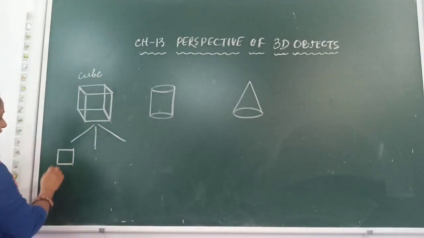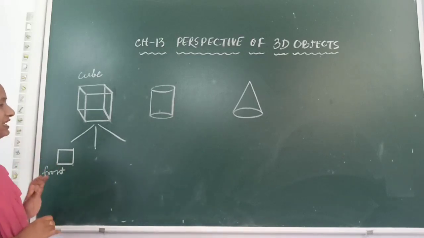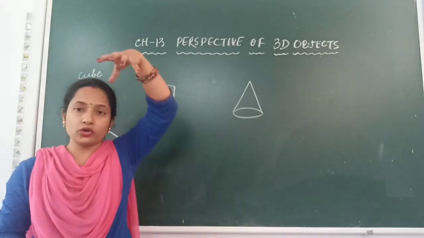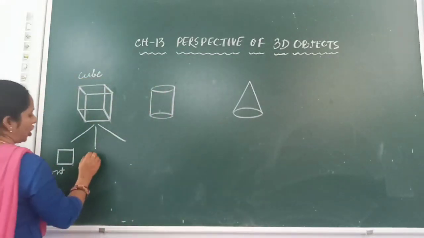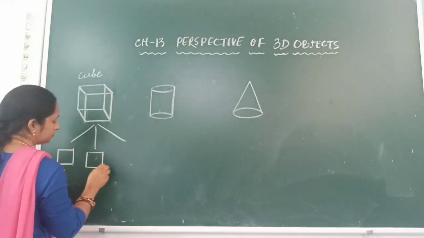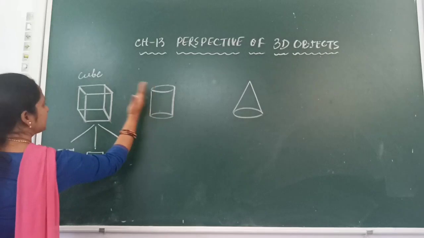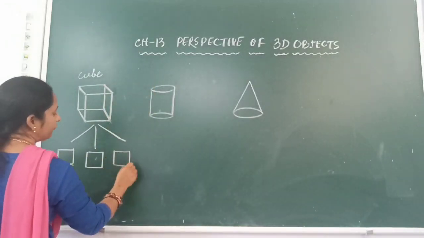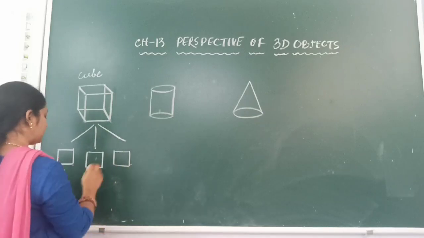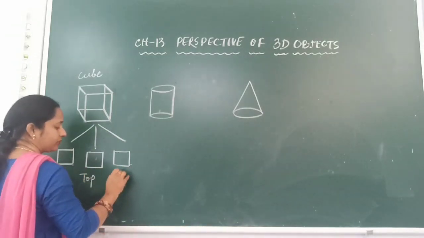So the front view will be exactly a square. And if you want to look at it from the top, the top of the cube is also a square. Whereas if you try to see from the side, then also you will find that it looks like a square only, isn't it?